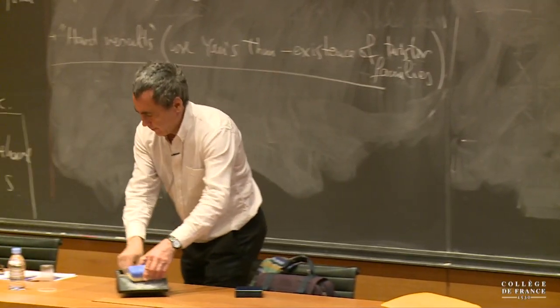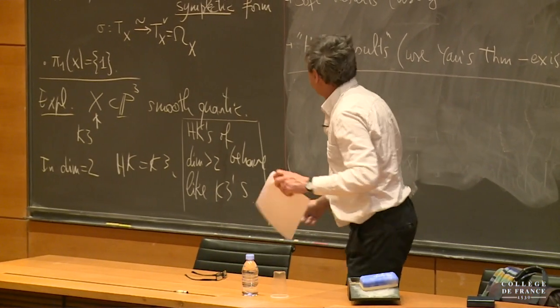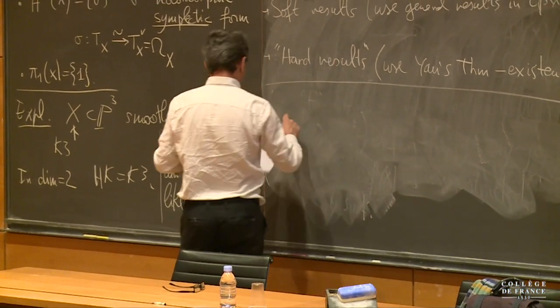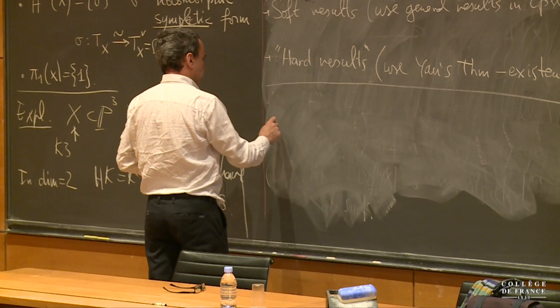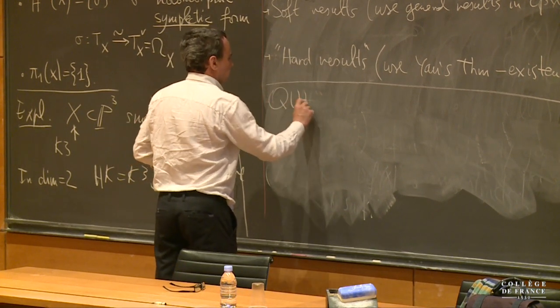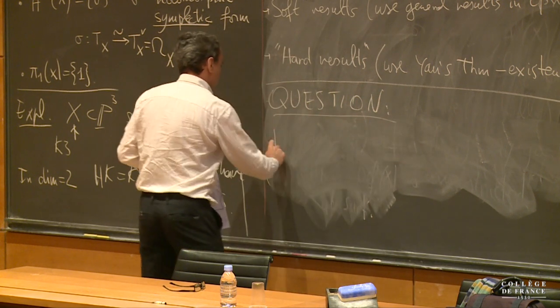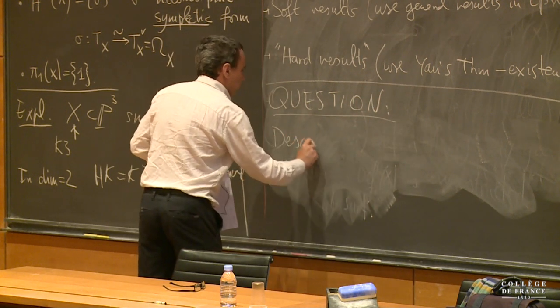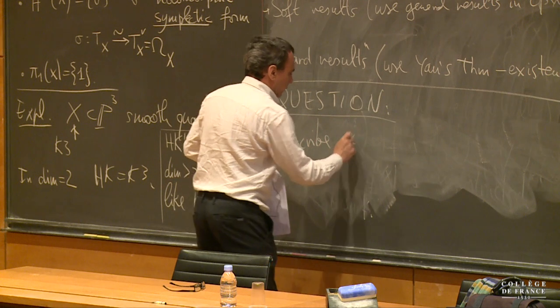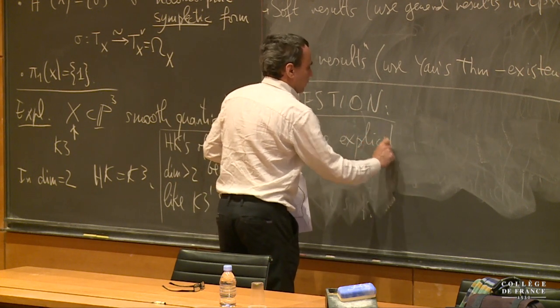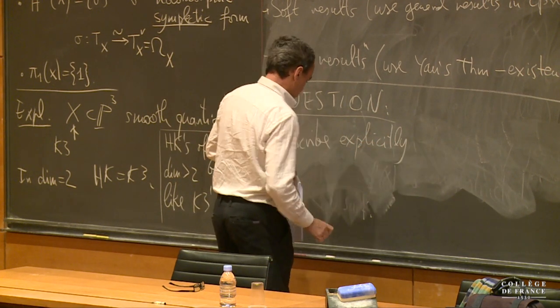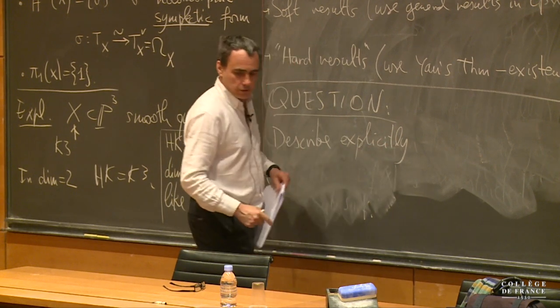So the question. Describe explicitly all Hyper-Kählers in a deformation class. I never know if there's an E here or not.